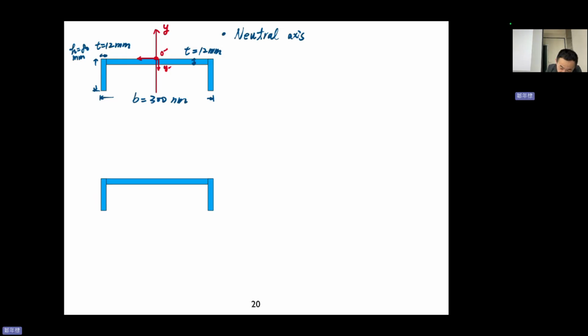You will know that the plot axis, the starting coordinates, can be set by yourself. You don't need to worry about this. Okay? So now we're going to find the centroid of this complicated cross-section area. All right. So there are three areas: 1, 2, and 3. Okay. So the area one.